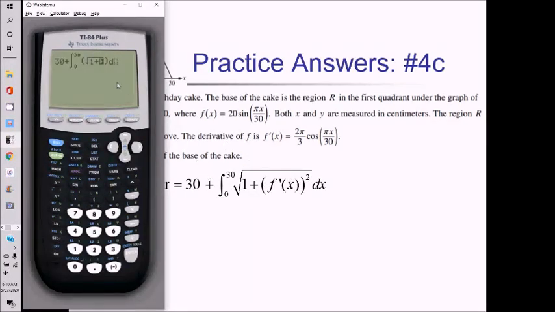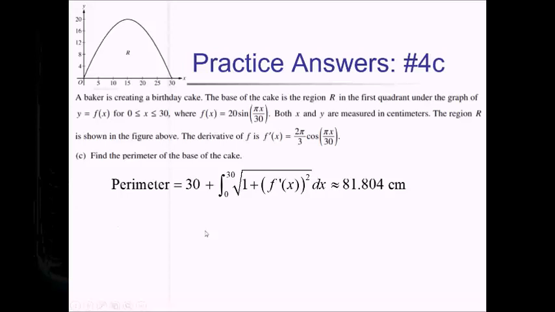So remember, I stored f prime as y3, so alpha trace y3, and then square that, and then we'll put a dx over there. Enter. We have a perimeter then of 81.804, and that's going to be in centimeters.